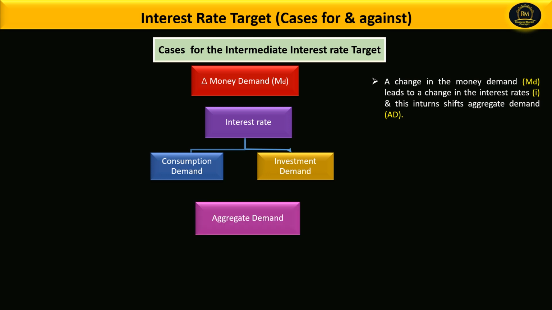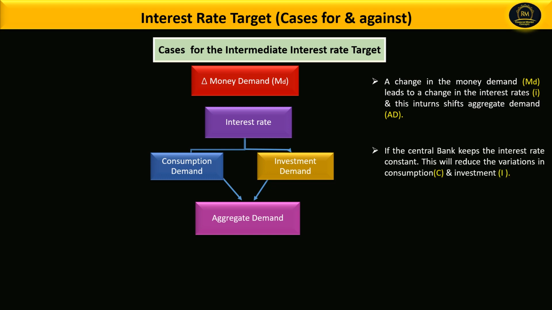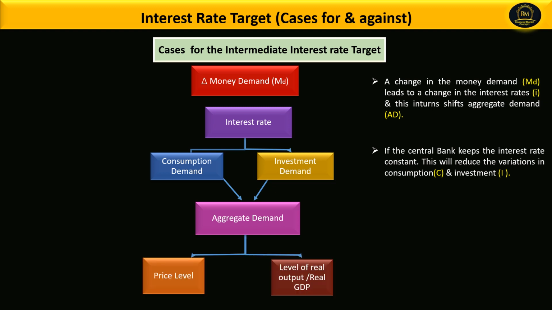Thus, consumption demand and investment demand affect the aggregate demand because they are two important components of aggregate demand. So any change in the interest rate leads to a change in consumption and investment. This in turn leads to a change in the aggregate demand, and a change in the aggregate demand in turn affects the price level and the GDP in the economy.